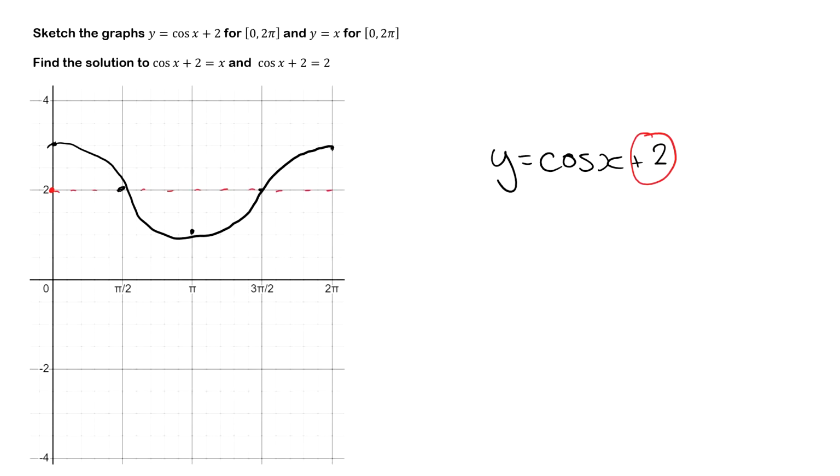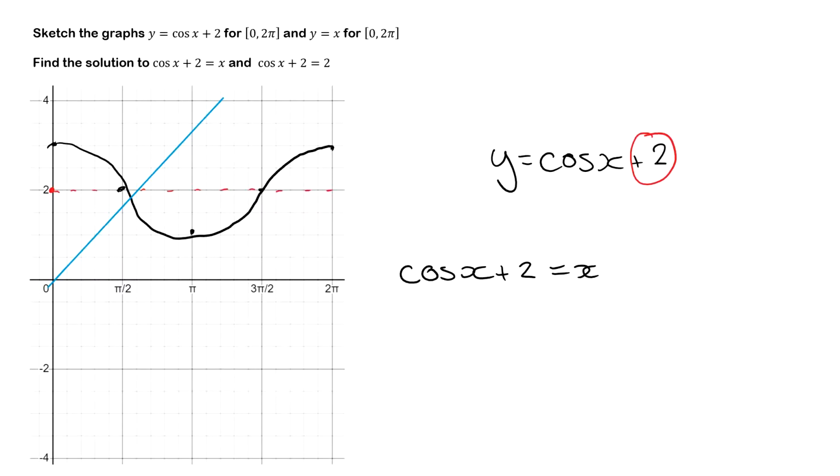The next thing we need to do is draw our y equals x line, which you can see in blue now. If we were told to find the solution to cos x plus 2 equals x, we need to find our intersection point where they cross and then find the value there.